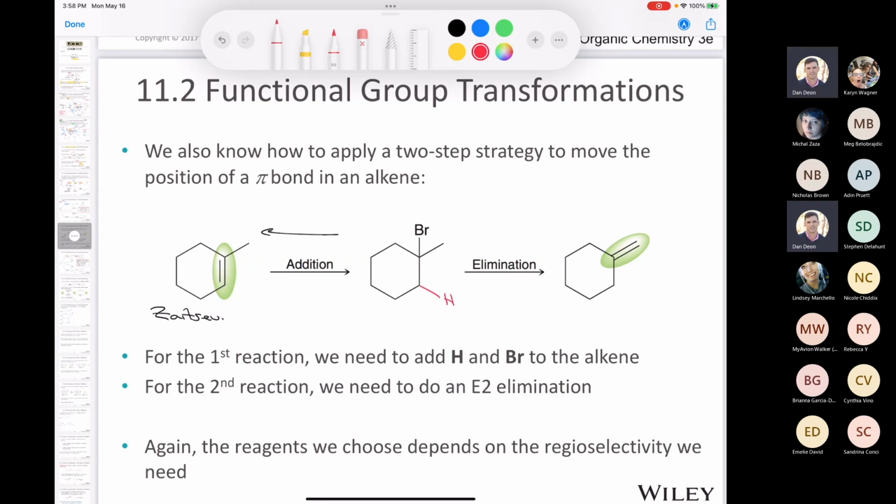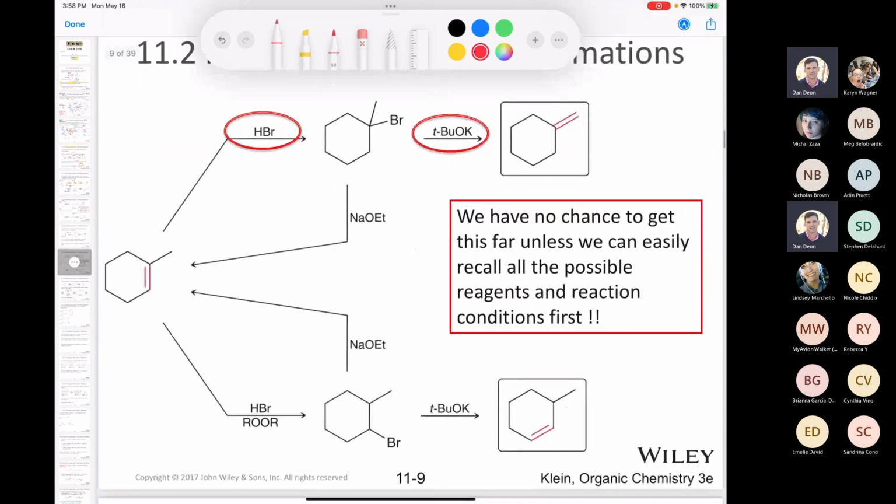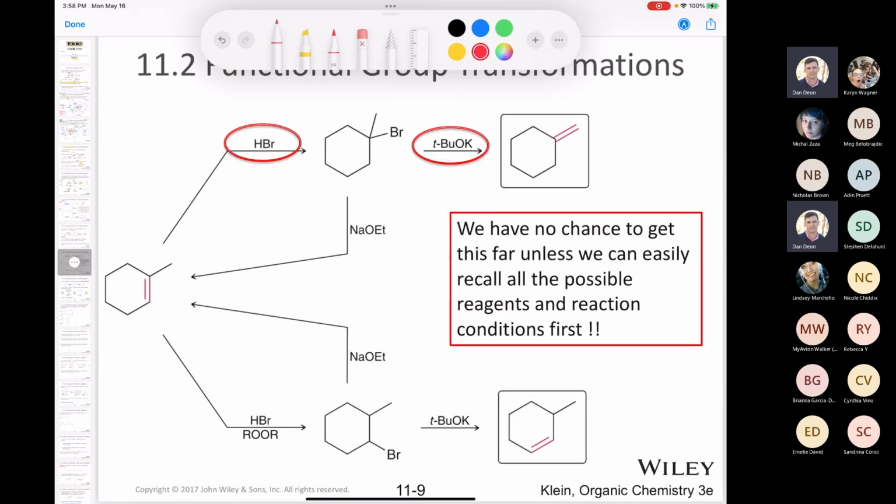If I wanted to form the double bond at the other position, then I'm going to have to remove the proton in blue. So there we go. You need to know when to use a hindered base or a non-hindered base. If you wanted to take this alkyl halide and make the more substituted alkene, you would use an unhindered base, whereas if you want to make this exocyclic alkene, which is less substituted, you would use a hindered base, like t-butoxide.